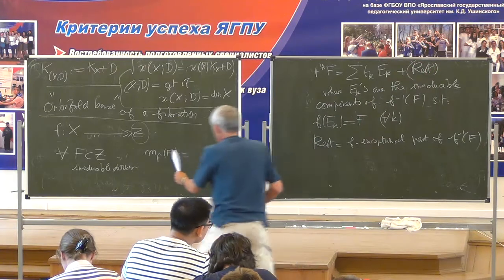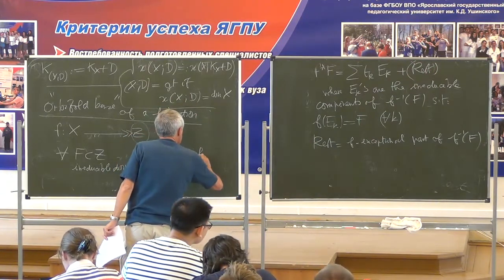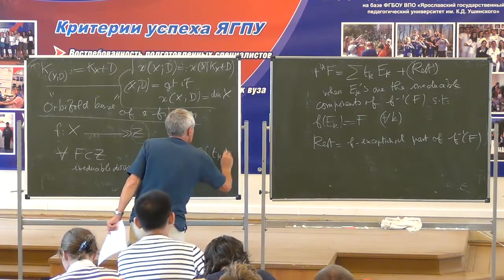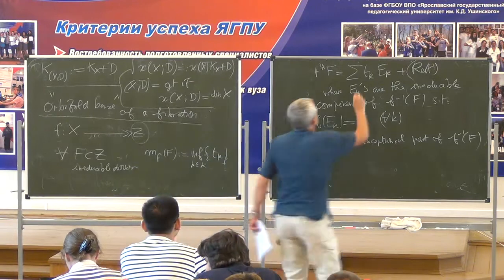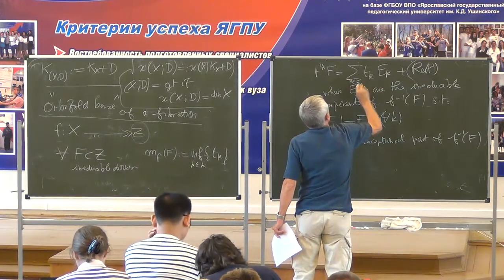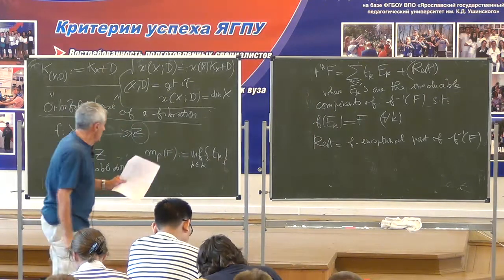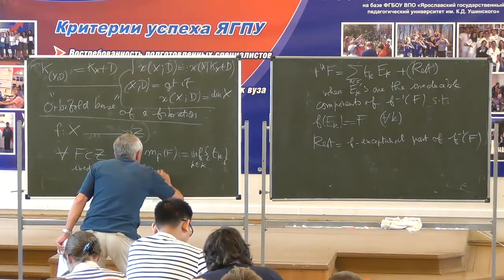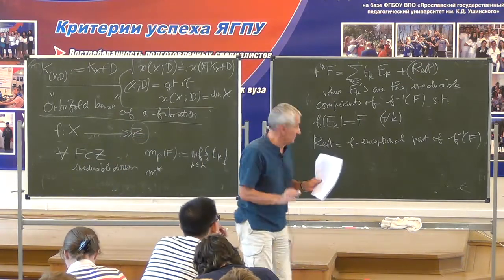And so now we can define here m_f(F). This is the infimum of the t_k for k belonging to K. Okay. So let me make a remark. So what is the meaning of this?